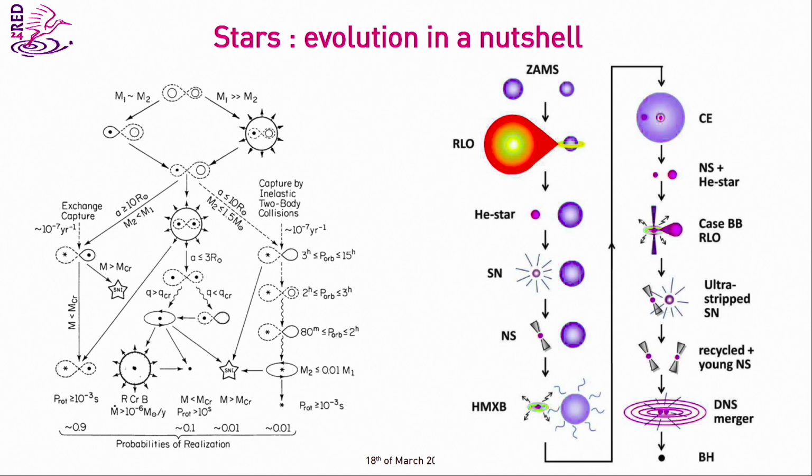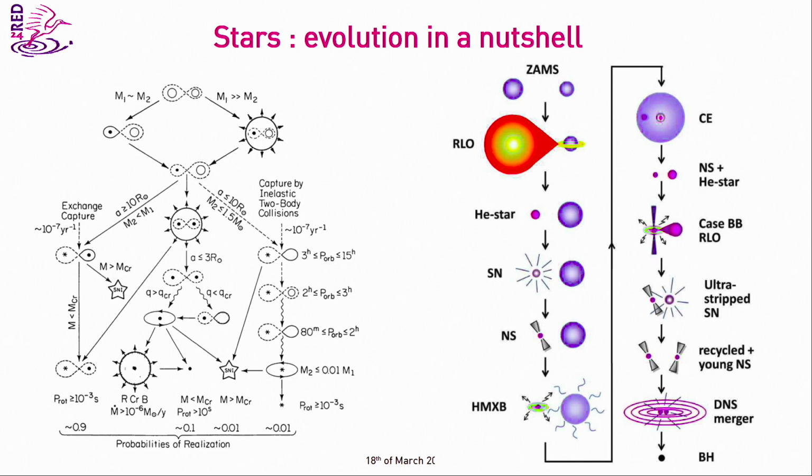This is massive stars evolution. If you have two massive main sequence stars, but with different masses, there's one that will evolve a bit faster than the other one. It will become a giant at some point, and due to tidal interactions here, part of its envelope will be stripped and will go to the other star.